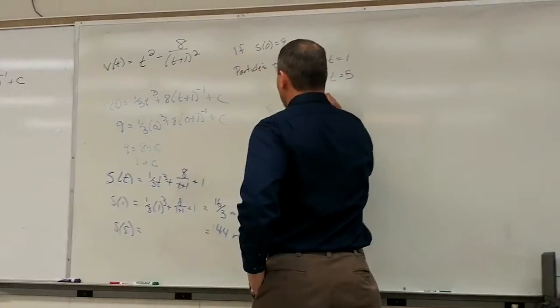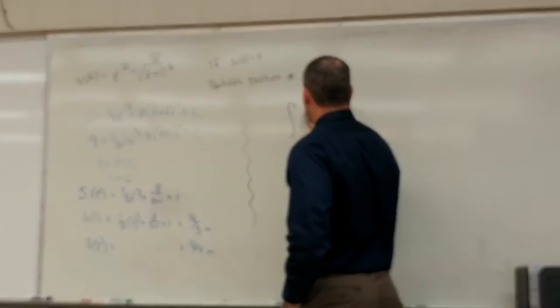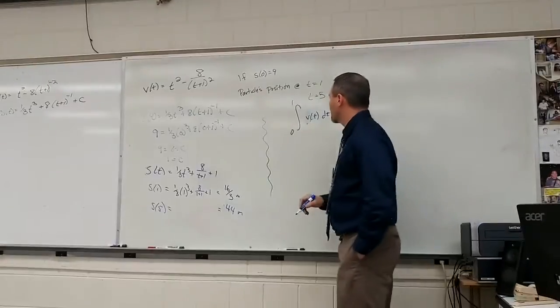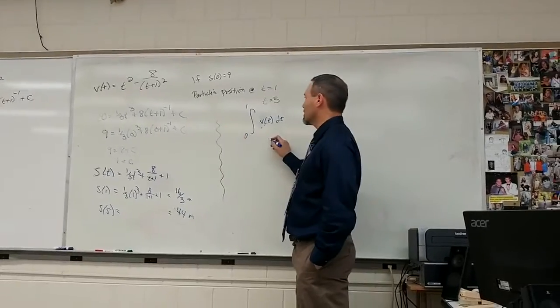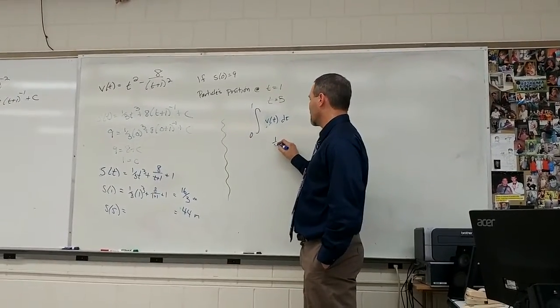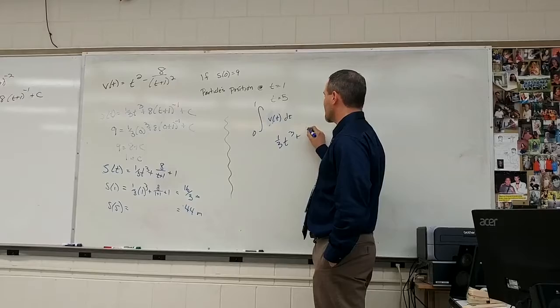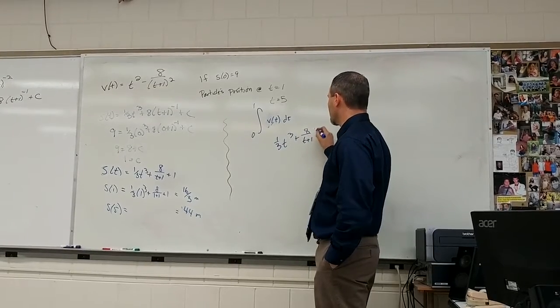What if I integrated v of t from 0 to 1? Well, I already know my antiderivative is 1/3 t cubed plus 8 over t plus 1.